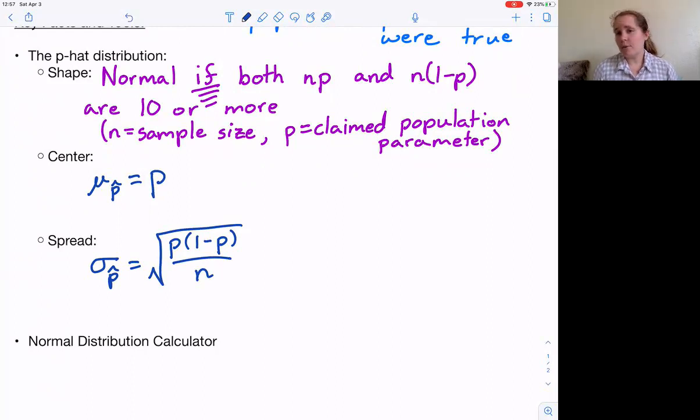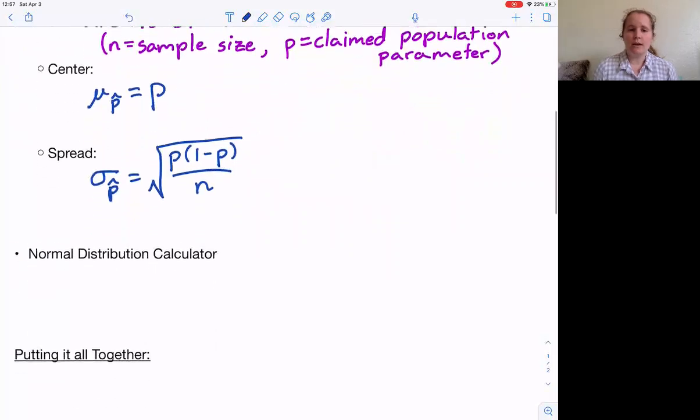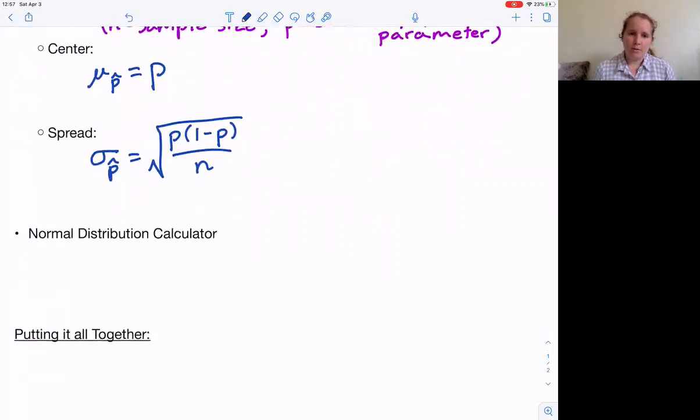The other main thing that we will be using is our normal distribution calculator. So this is in Canvas. We will use that to go from z-score and a shading to probability.